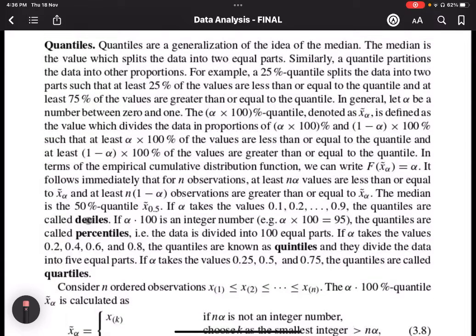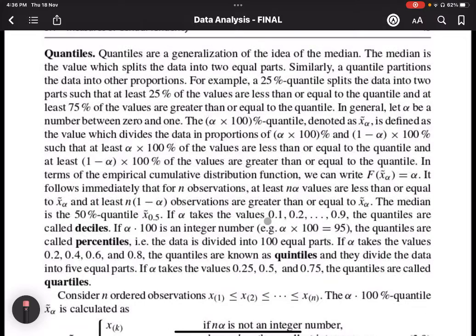So, meron tayong iba't ibang type nun. The quantiles are called deciles if we divide the data using alpha in steps of 10, for example 0.1, 0.2. Okay? Kung ang value ni alpha ay 0.1, 0.2, hanggang 0.9, then the quantiles are called deciles. If the value of alpha is multiplied by 100 and gives us 95, for example, then the quantiles are called percentiles.